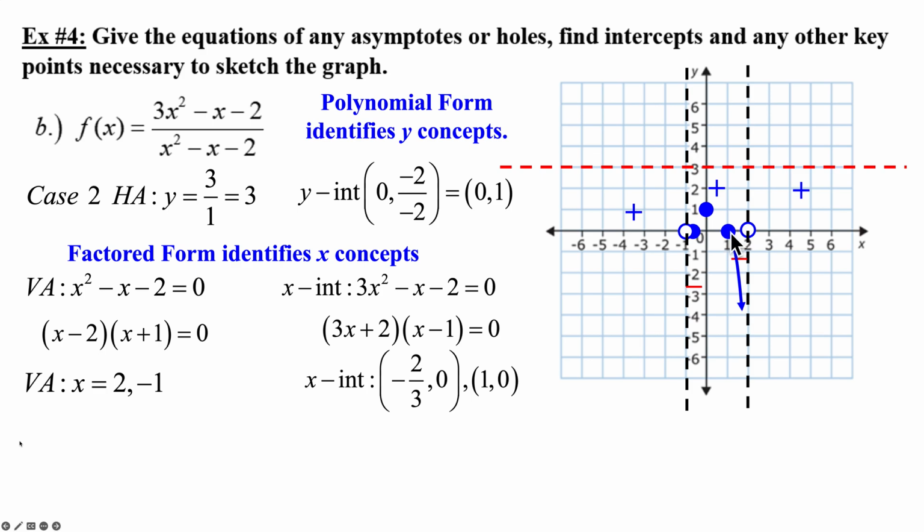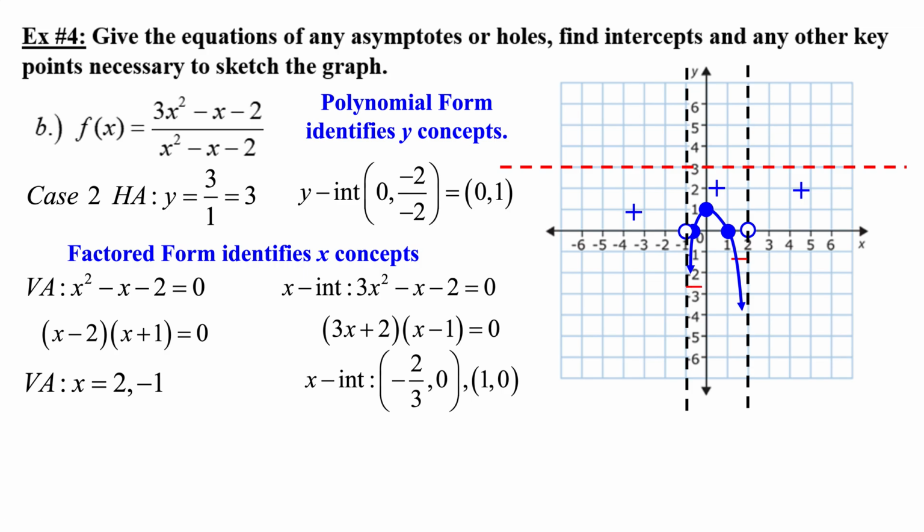So starting with this x-intercept right here at 1, you have to go down towards that vertical asymptote. And then we're back up into this positive region, hitting this y-intercept, turning and coming back down through this x-intercept at -2/3 and running right along that vertical asymptote right there.